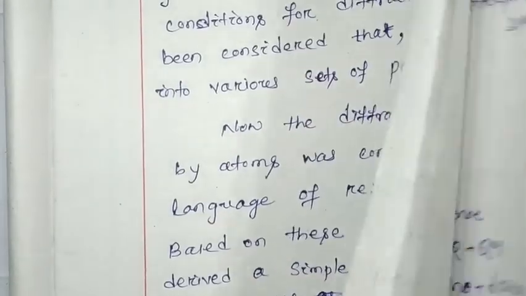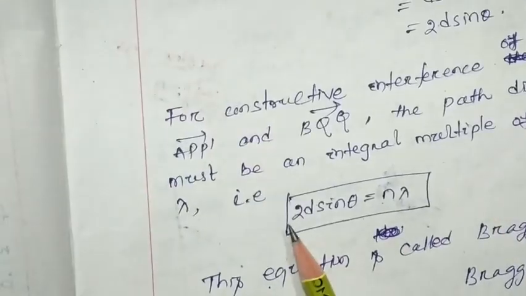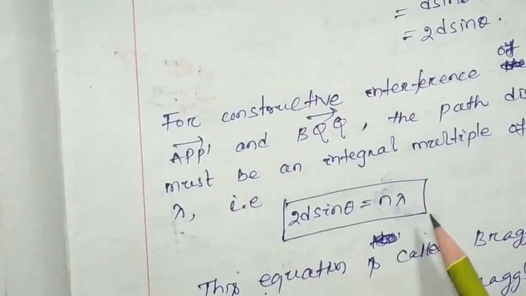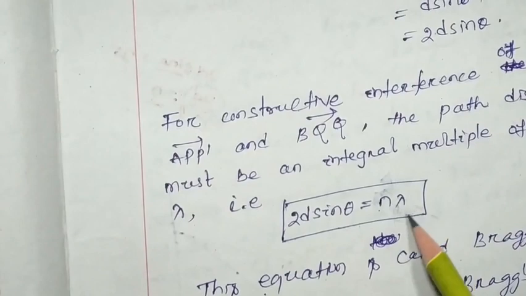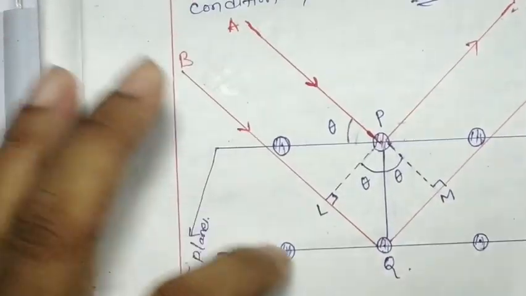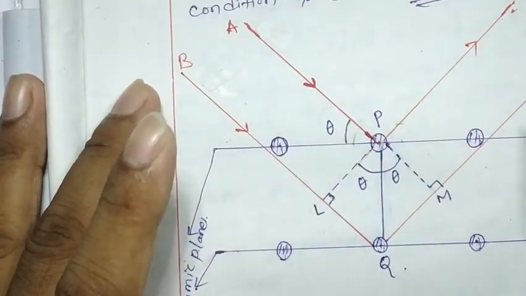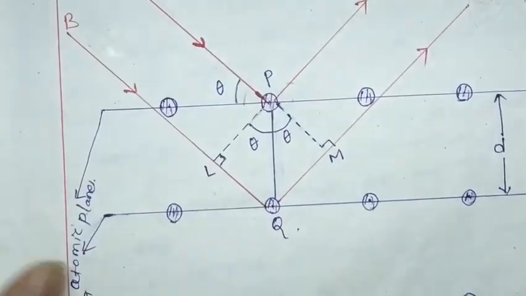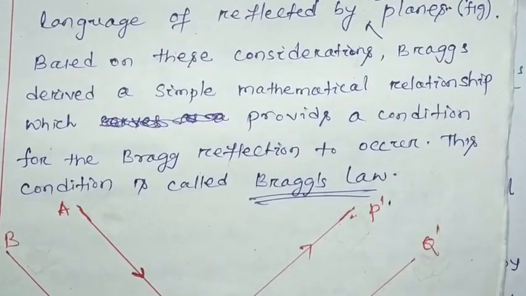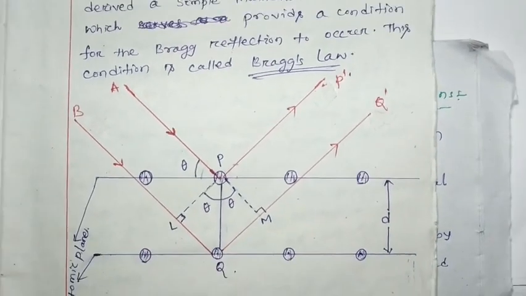2d sin theta equal to n lambda, where lambda is the wavelength of the X-ray and d is the interplanar spacing. This is one plane and this is another plane, and when the X-ray is incident, P dash and Q dash are the so-called diffracted beams.